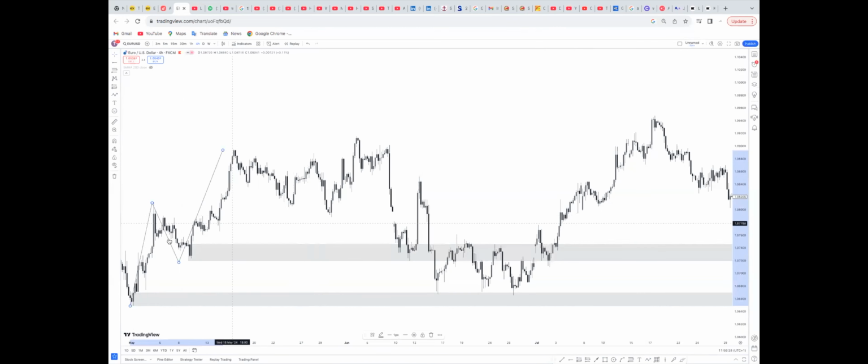So right here, I consider this as my higher high, higher low, higher high, right? Resistance point, higher low, support point, higher high, resistance point, right? And our market came back down and then it mitigated my what? My higher low, right? It mitigated my higher low on my support and then market bought from it.